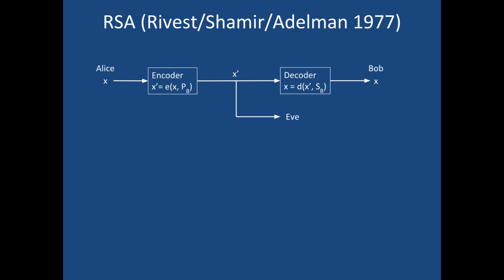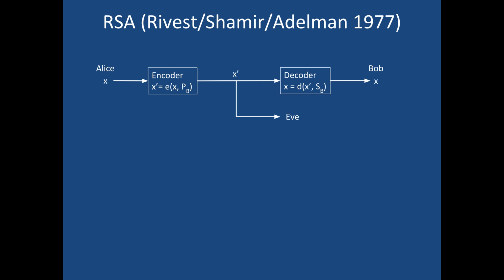Okay, here's RSA. The game we're playing now is to encode, well, there are a pair of keys. So for Alice to communicate with Bob, Bob has to have what's called an RSA key pair, that consists of a public key and a secret key.